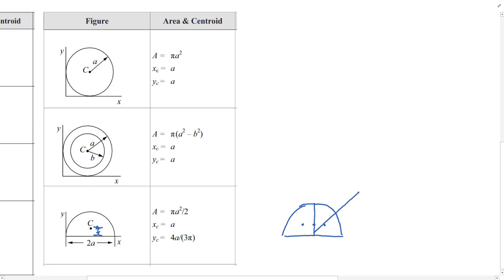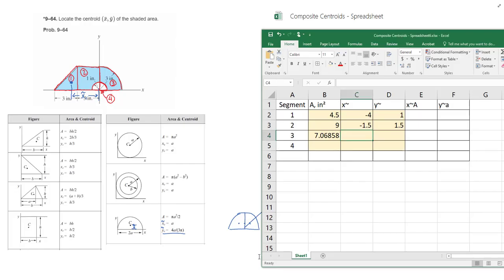And because this is symmetric across the center line, the x location is the same as the y location. Okay. So this 4a over 3 pi, that is the same as the centroid location for the quarter circle as well. In this equation sheet, it says y sub c. In our book, it's y tilde and x tilde, but they mean the same thing.